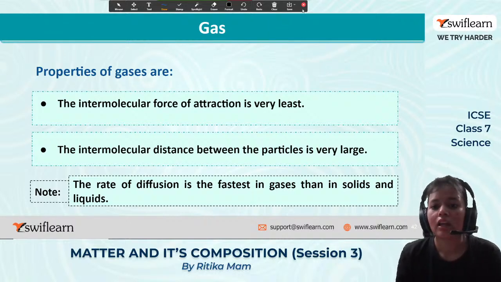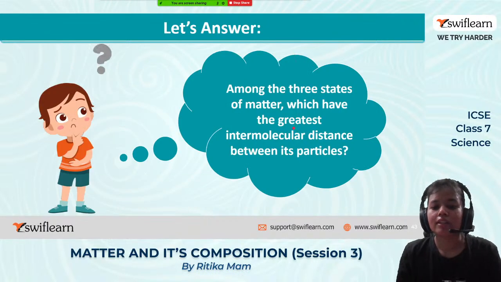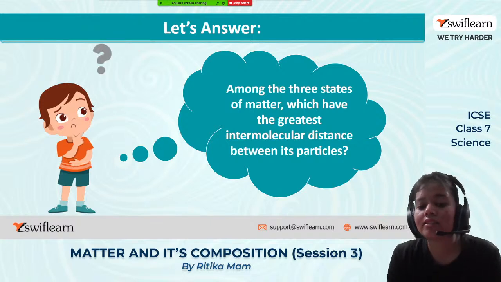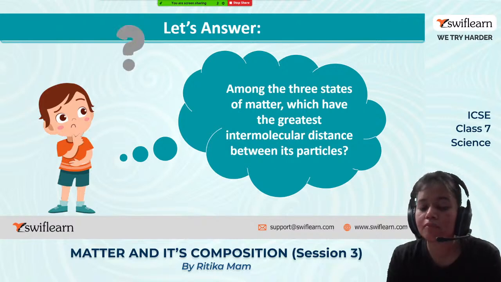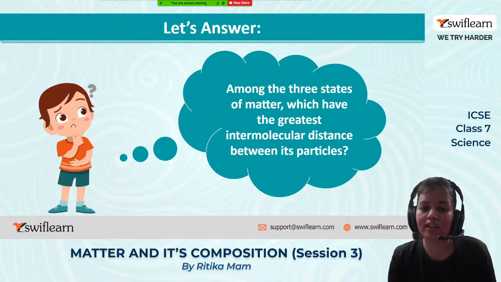Having said that, among the three states of matter, which has the greatest intermolecular distance between its particles, the greatest space? It is the gases. Gases have very much space, and therefore the force of attraction is very, very less.